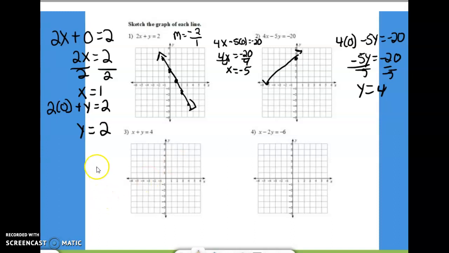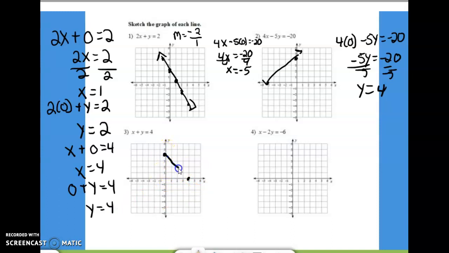All right, number 3. Wow, this is real easy. All right, x-intercept. Make the y what? 0. x equals 4. Boom. y-intercept. Make the x 0. What does y equal? Well, y equals 4 also. Okay, so 1, 2, 3, 4.